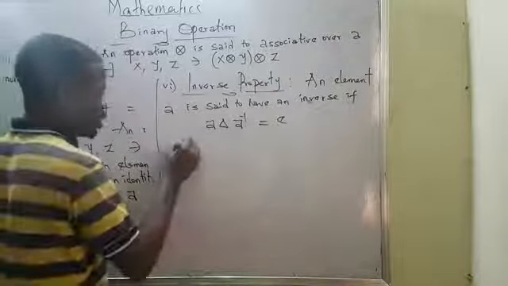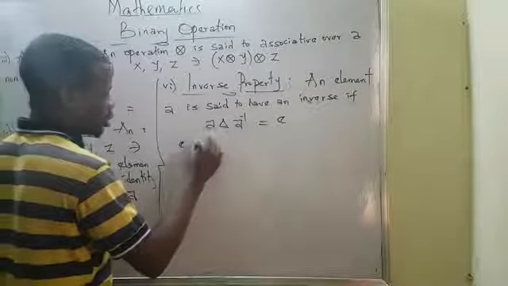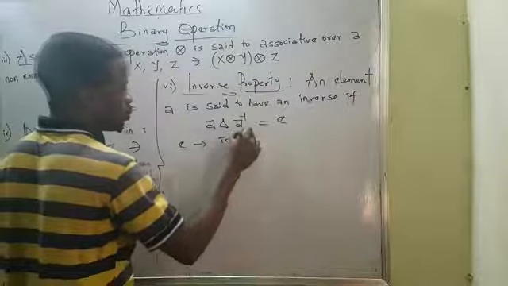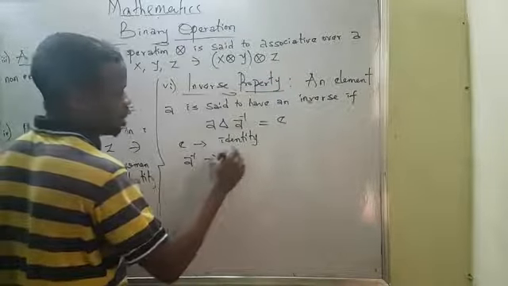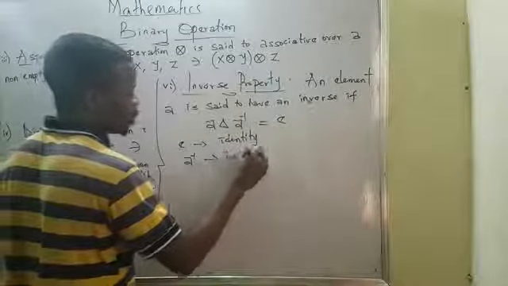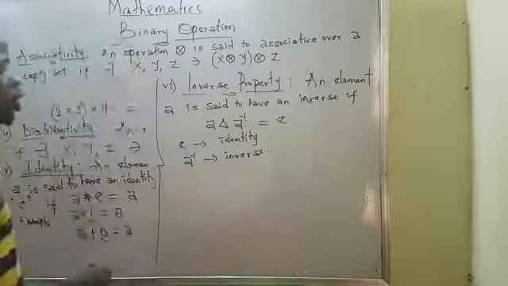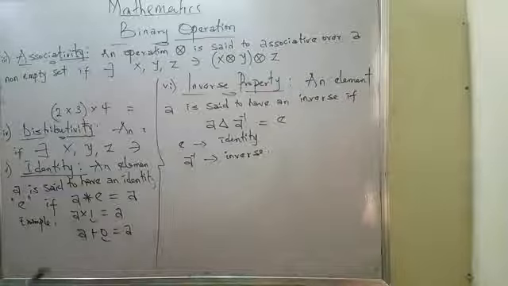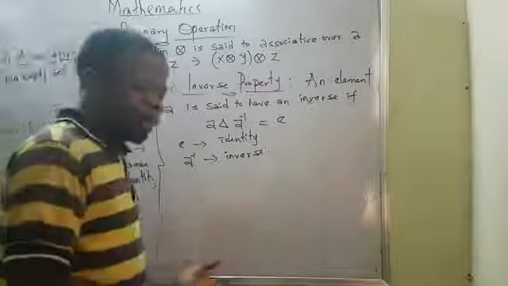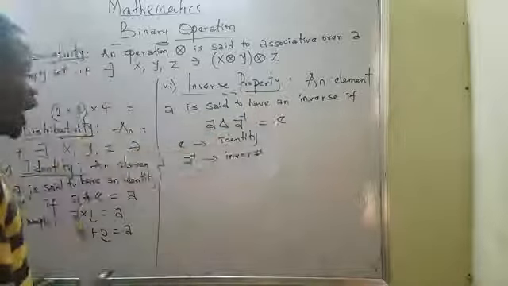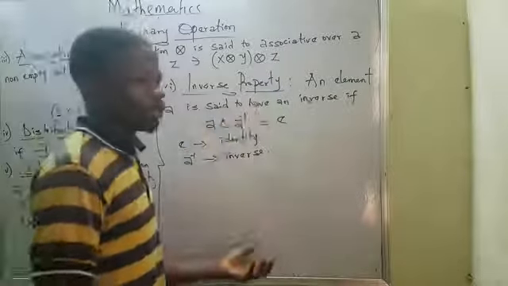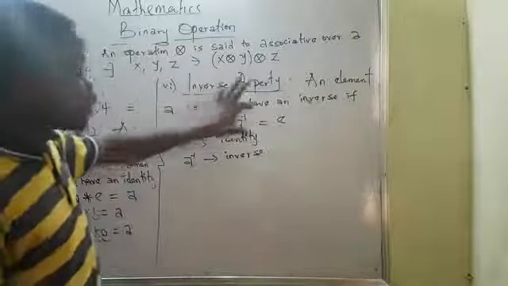So we say E is the identity, then A inverse is the inverse. These are the definitions we use when you are solving the question. You must be able to relate the element with its inverse and its identity, which means if there is no identity, we will not have an inverse.